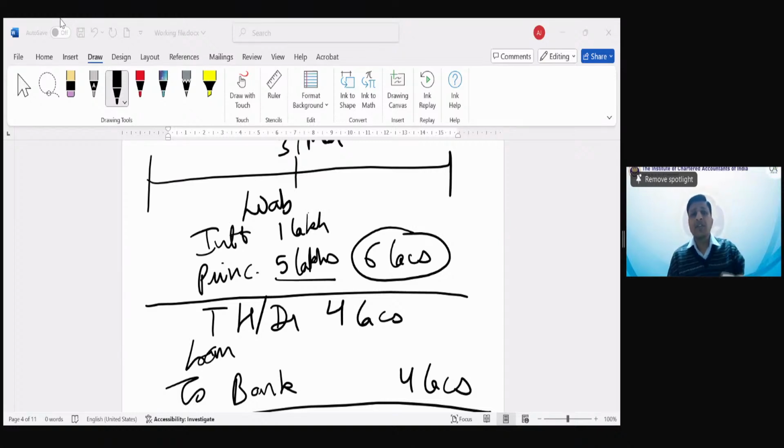So 30 crore is clearly the expense, Priya, which the pharma company would have already recognized. Now, this 50 crore is clearly an income of the pharma company. There's no doubt about it. But this income is not revenue. Why?